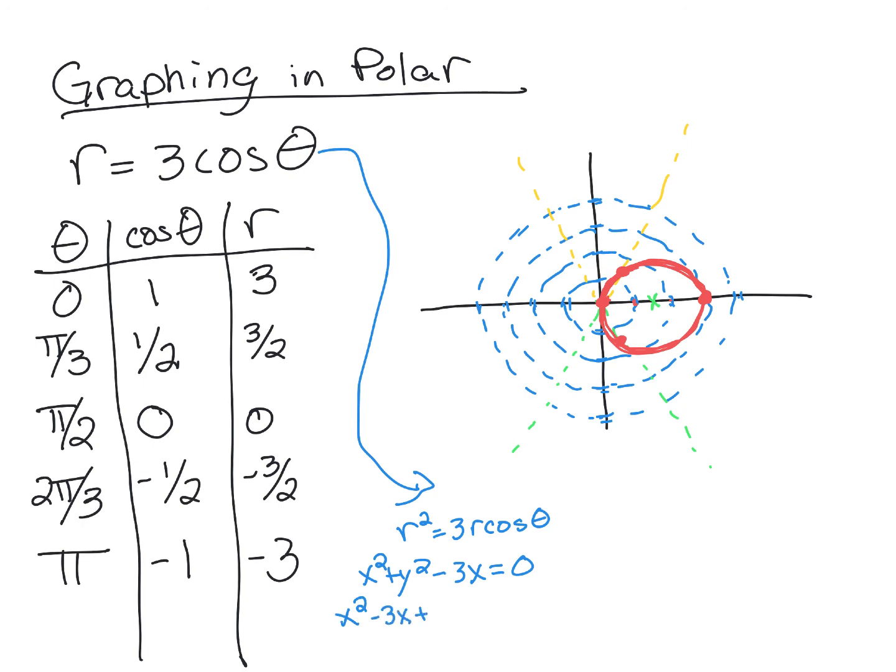Take half of 3, square it, and add it to both sides of the equal sign. Don't forget there's still plus y squared. So this gives me x minus 3/2, perfect square, plus y minus 0 squared equals radius squared. The circle centered at positive 3/2 with a radius of 3/2. So you see that we're right.